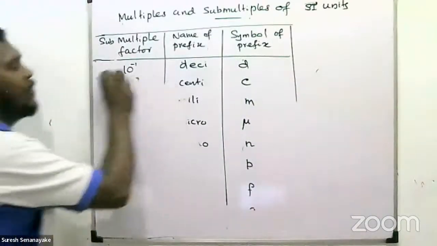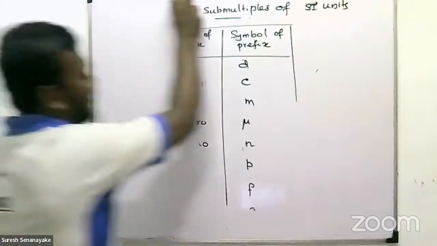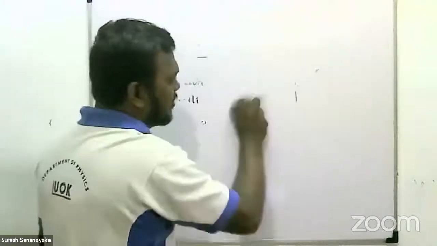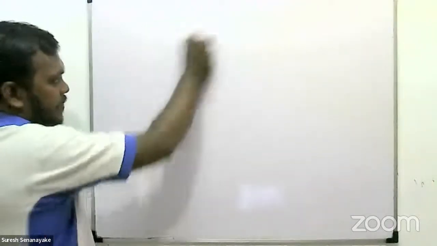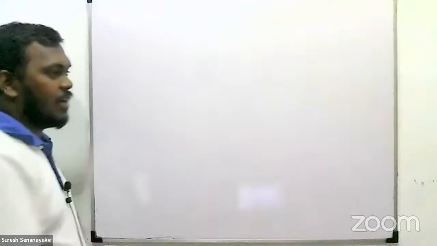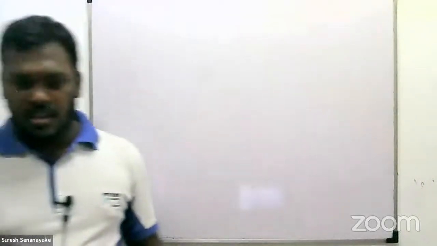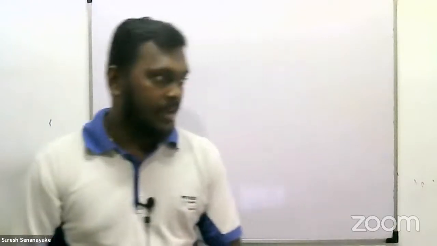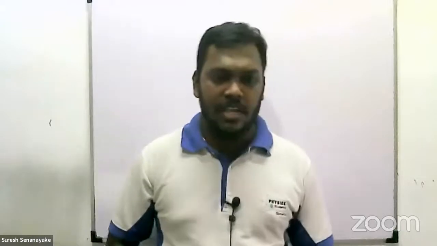I have already said most of these; now you are writing them down. One rule is that a space should be kept. Between a prefix and a unit, you have to write without any space. Also, if a unit is named after a person, the name is written with a capital letter. There's only one unit in physics where the person name we use as the unit name, but the first letter of his name is not used as the symbol.